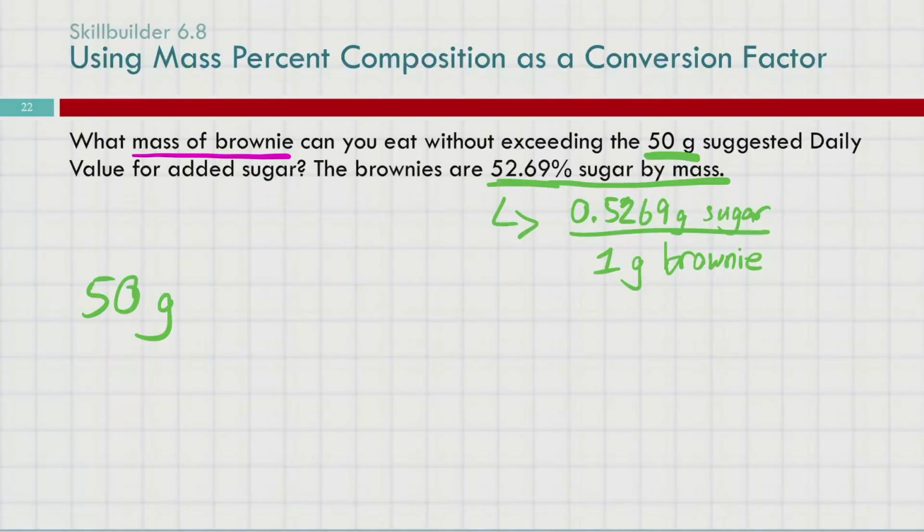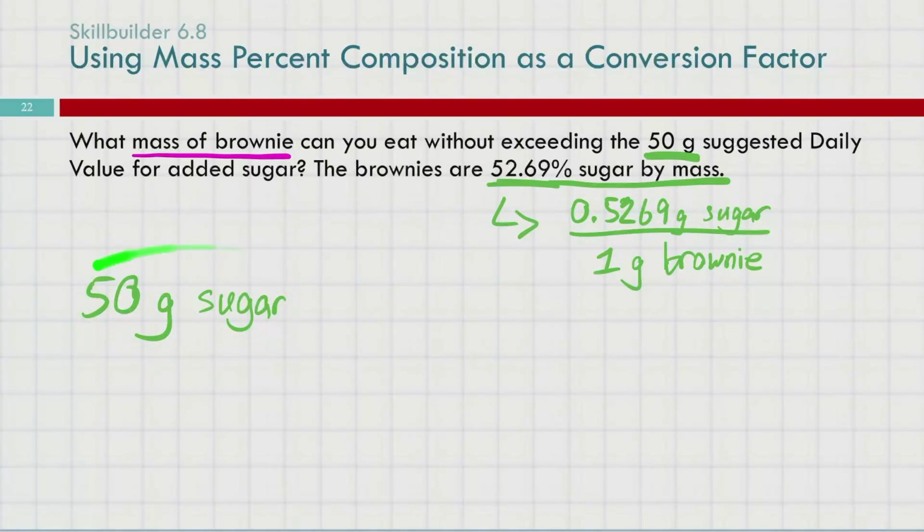This 50 grams is 50 grams of what? Brownie or sugar? Sugar. It's important that we know that it's sugar because we've got grams of sugar, grams of brownies. We want to make sure that we're using this correctly.